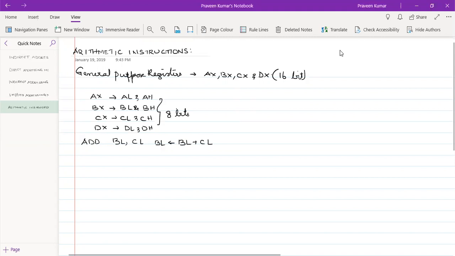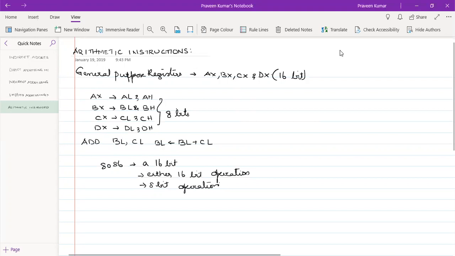As the 8086 is a 16-bit processor, it can do either 16-bit operation or 8-bit operation also. So it can do both the operations. Therefore addition can be 8-bit or 16-bit.